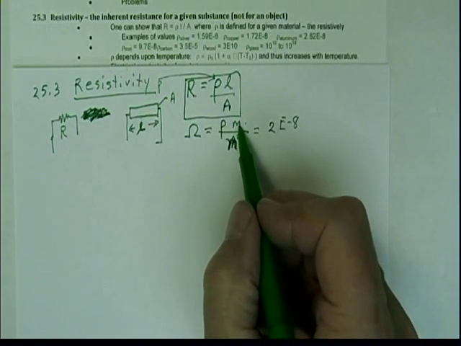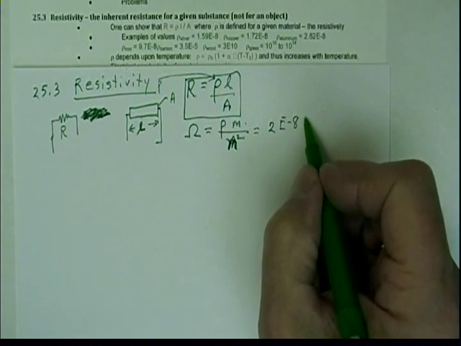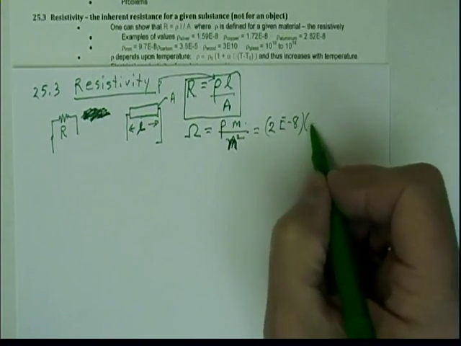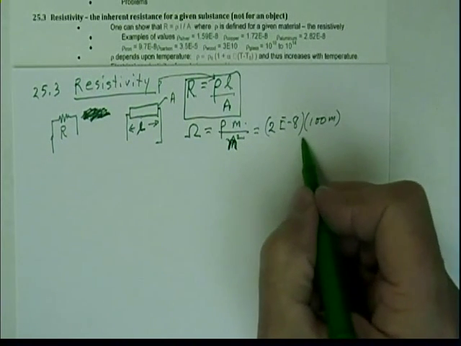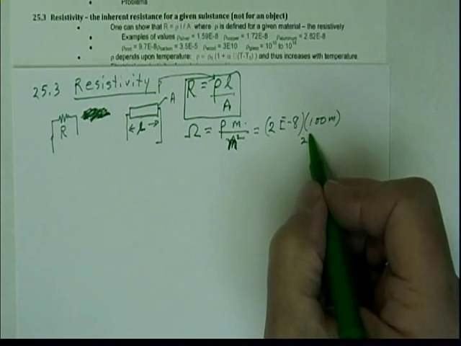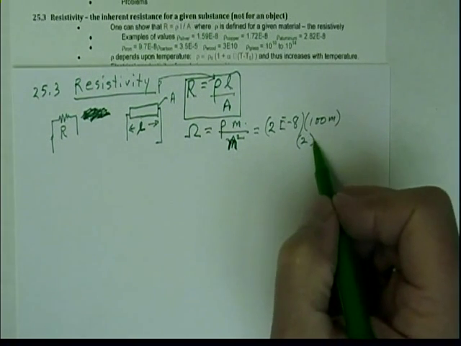And I'm going to make it a length of about, let's say, 100 meters long, and 2 meters in cross-sectional area. Of course, that's a huge block of copper.